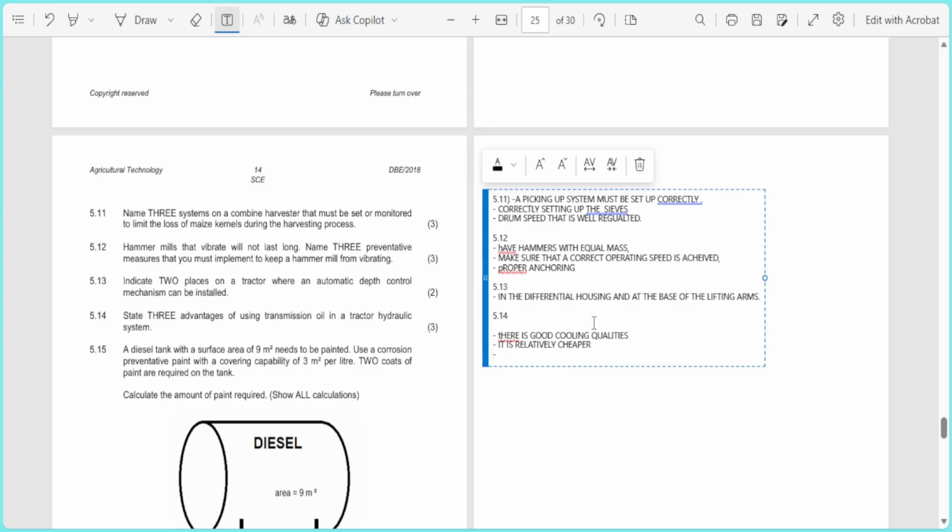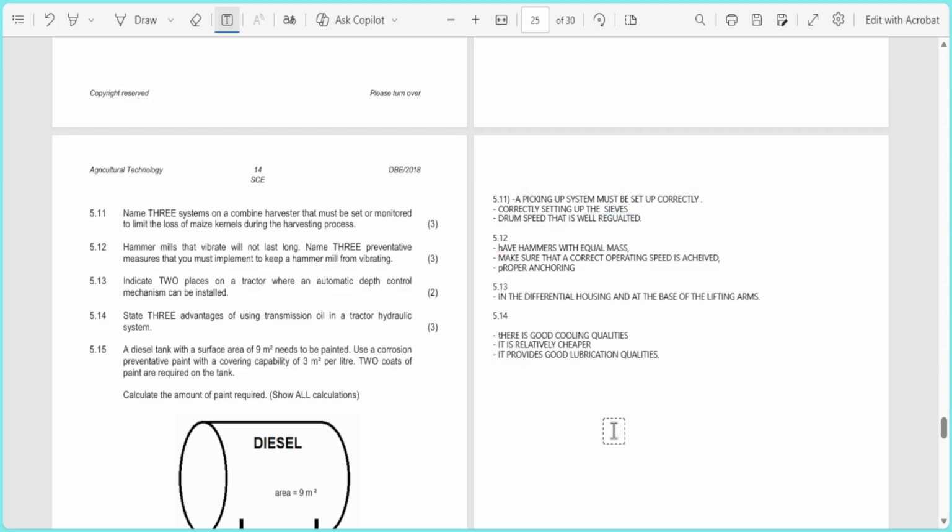A third one, it provides good lubrication qualities. I think let me just leave it at that.